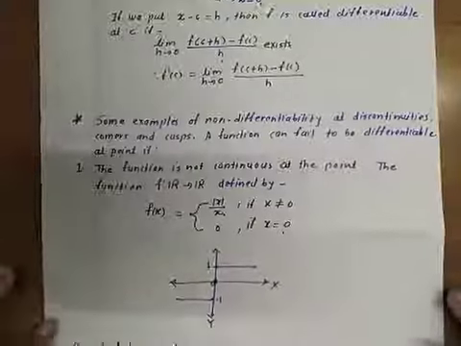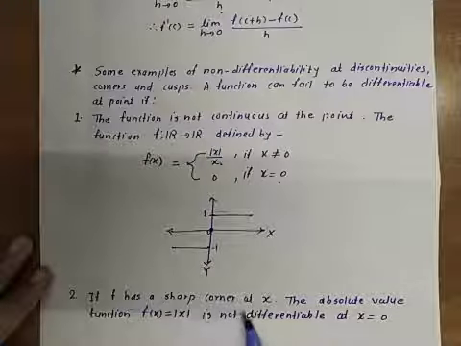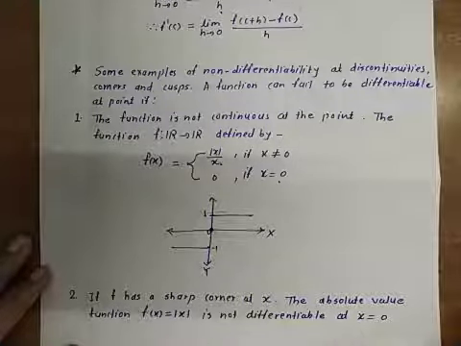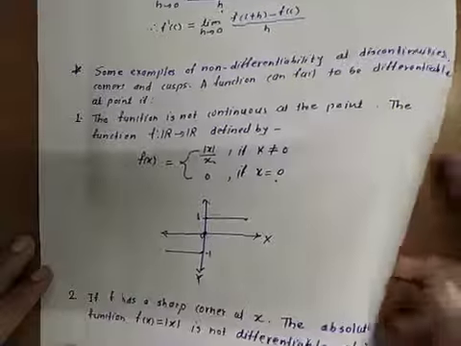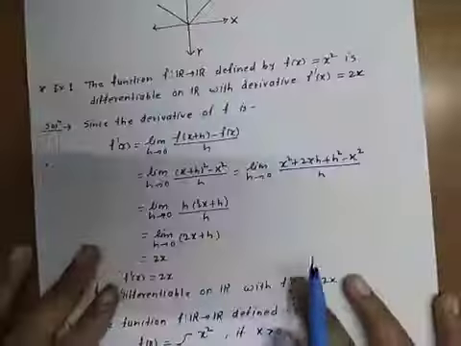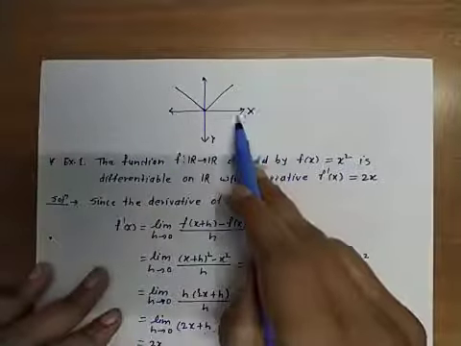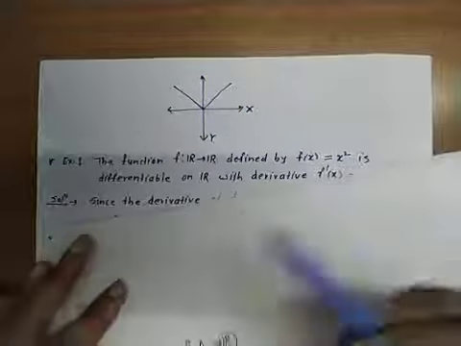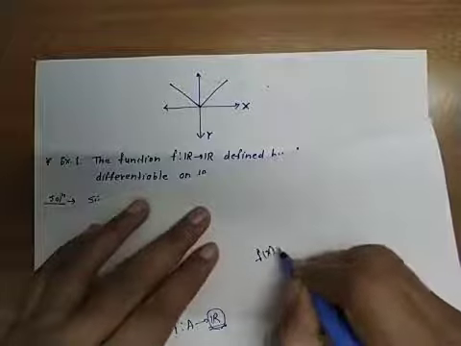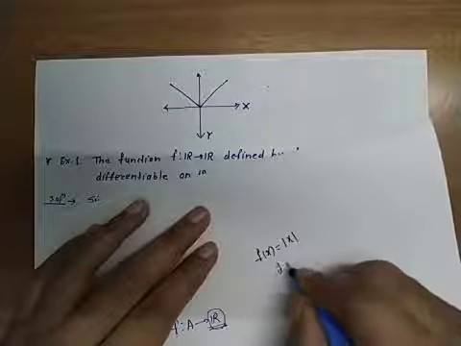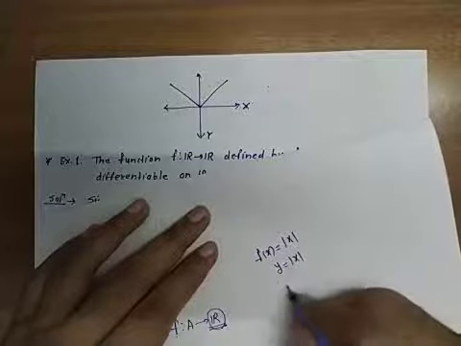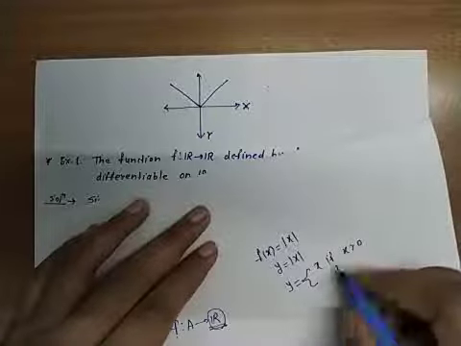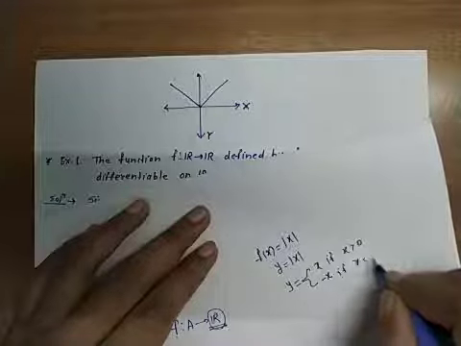Another example is when f has a sharp corner. The absolute value function f(x) equal to mod x is not differentiable at x equal to 0. How do we plot the graph of f(x) equal to mod x? We can write it as y is equal to x if x is greater than 0, and y is equal to minus x if x is less than 0.